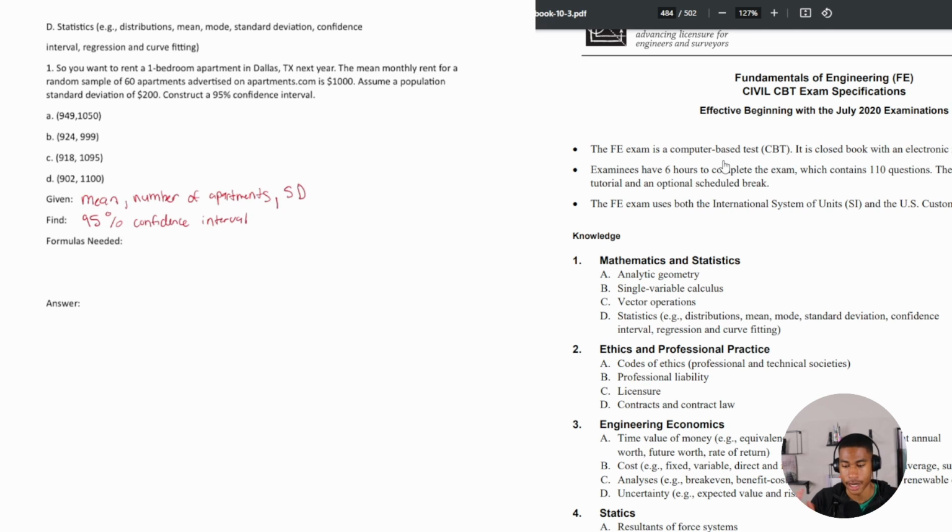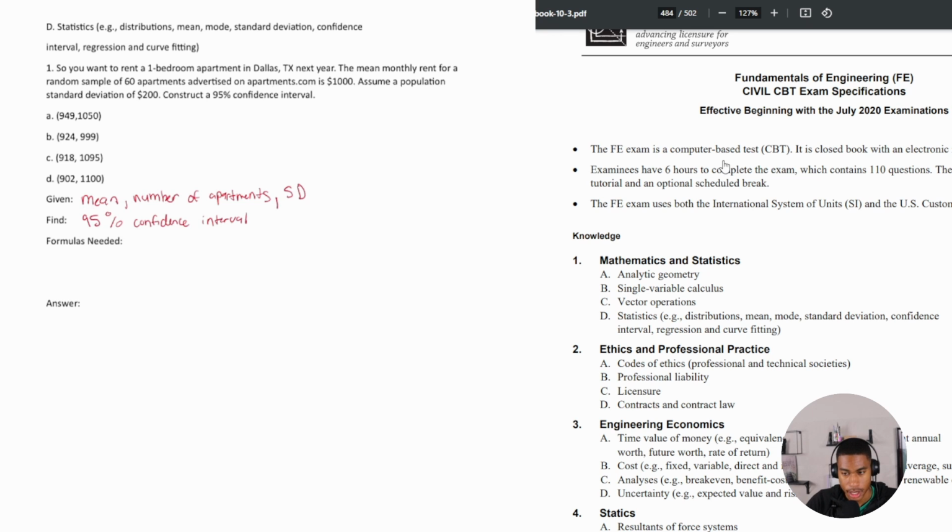Or the standard deviation could be anywhere from $200 off from that mean. So what we want to do is determine those boundaries, right? And so how do we start this problem?